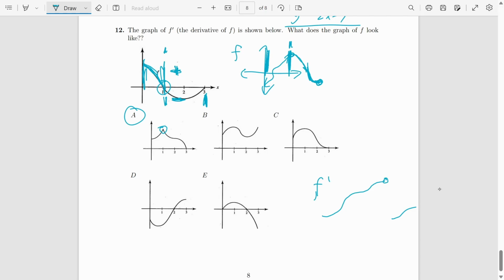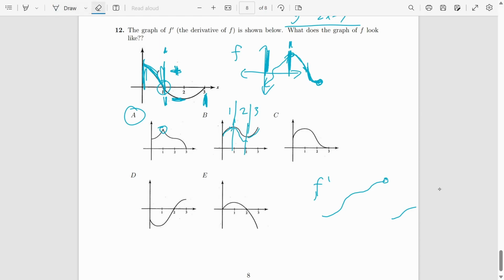Okay, so what about B? This one also is not true, because its derivative changes from positive to negative back to positive. I'll segment them a little bit: 1, 2, and 3. Segment 1, it's increasing. Segment 2, it's decreasing. Segment 3, it's increasing.